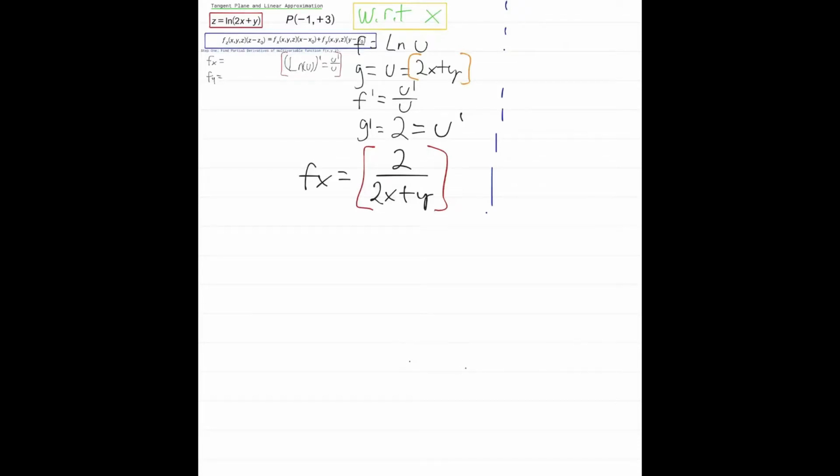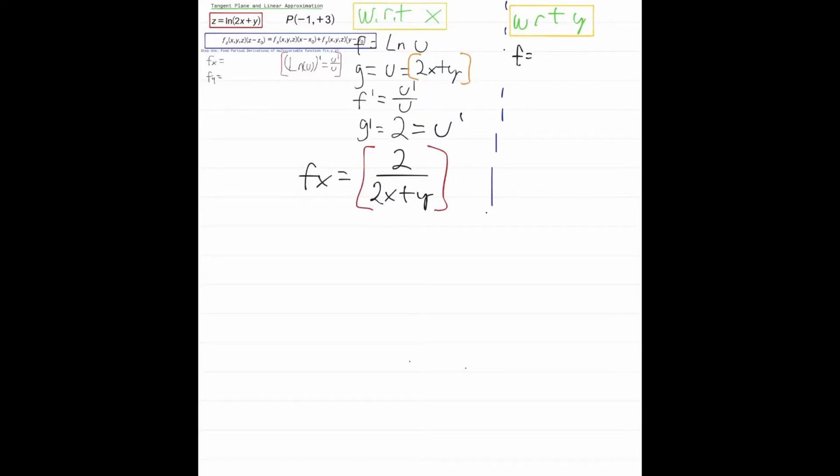So now that we have the partial derivative with respect to x, the next thing we're going to do is find the partial derivative with respect to y. Basically we do the exact same thing. It's the exact same natural log function, except now we're differentiating with respect to y instead of x.